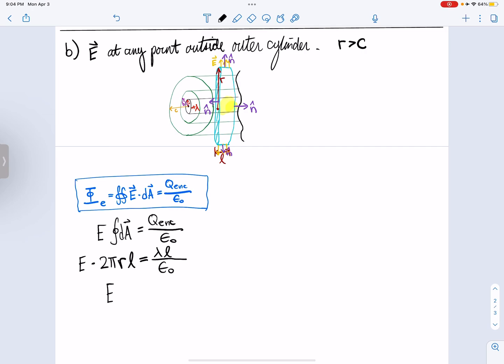And if I look for the electric field there, that's going to be equal to lambda L divided by epsilon naught, 2 pi r L.